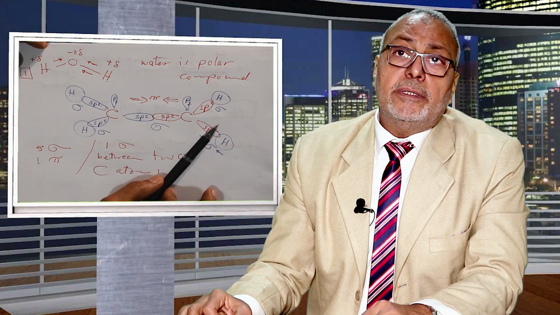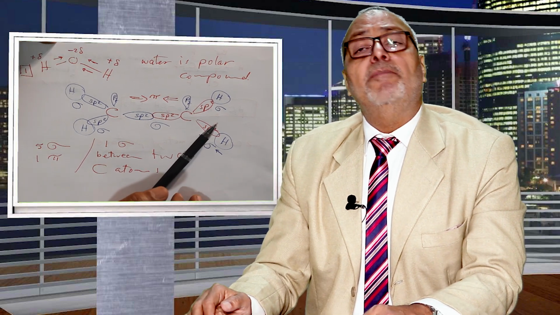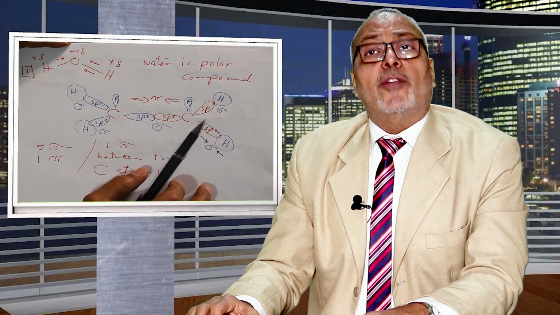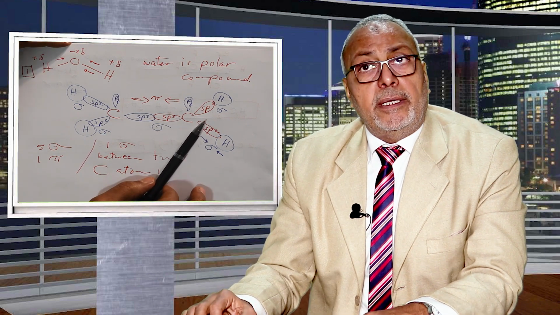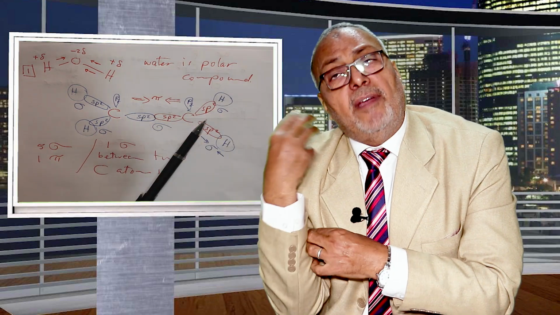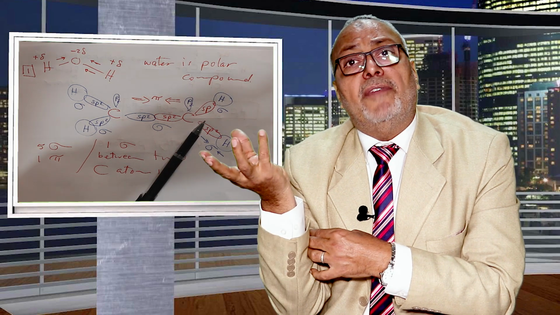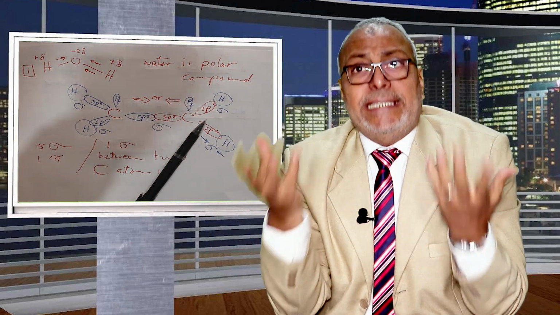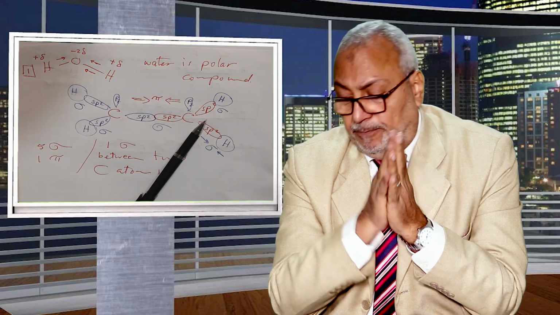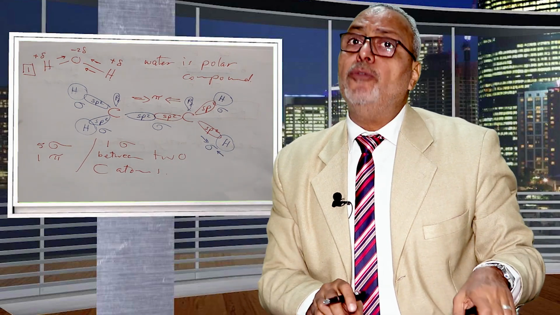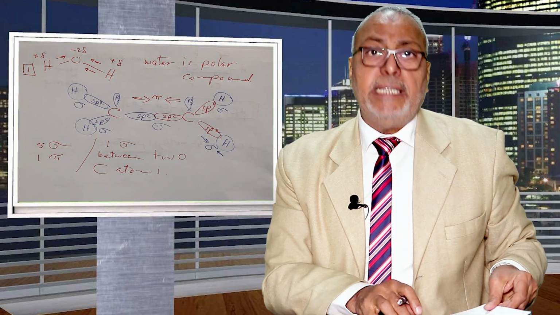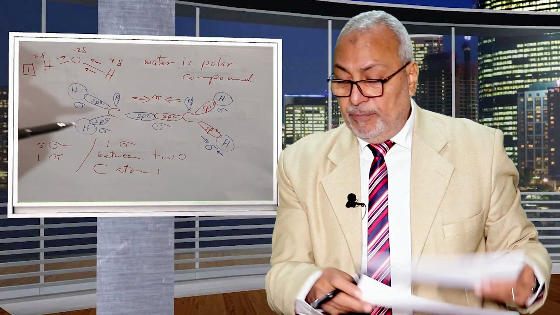But pi bond is a type of bond formed between two orbitals overlapped side by side. What is the difference between them? Sigma is difficult to break and needs a high amount of energy, but pi is easily broken and easily separated. And it makes the compound more active. Pi bond makes the compound more active.